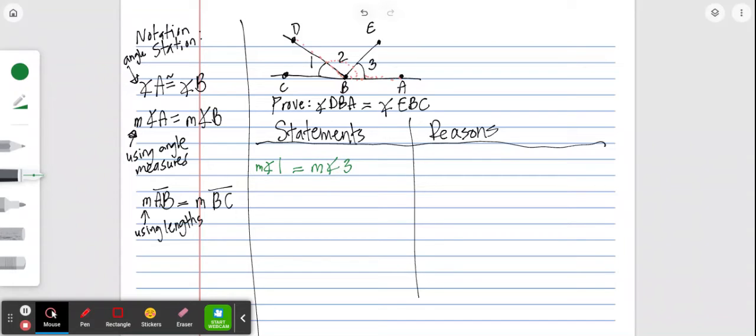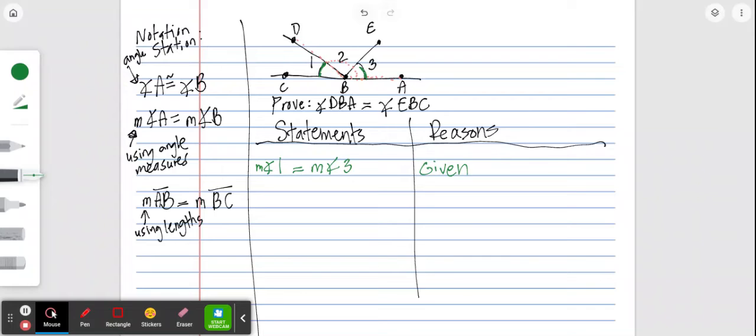And how do we know that? Because it's given in the diagram. The diagram says right here that angle 1 is equal to angle 3. So we're going to write given. Okay. Now, in order to prove that these two angles are the same, we're going to write them in terms of angles 1 and 2.